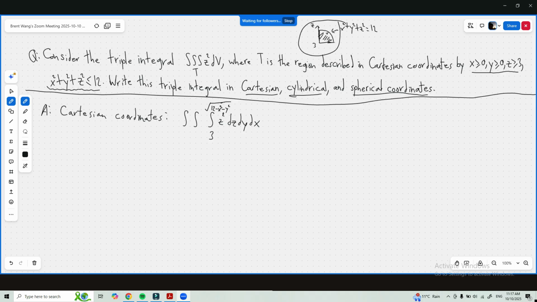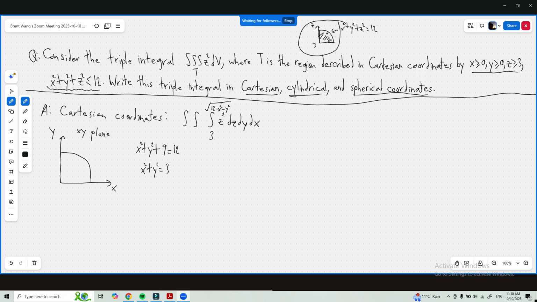On the xy plane, we have something that roughly looks like this. I'm going to label the xy plane: x, y. So the projection of this region T on the xy plane, well, when z equals 3, you have x squared plus y squared plus 3 squared, or 9, is equal to 12, and x squared plus y squared is equal to 3. So this is basically a circle of radius root 3.